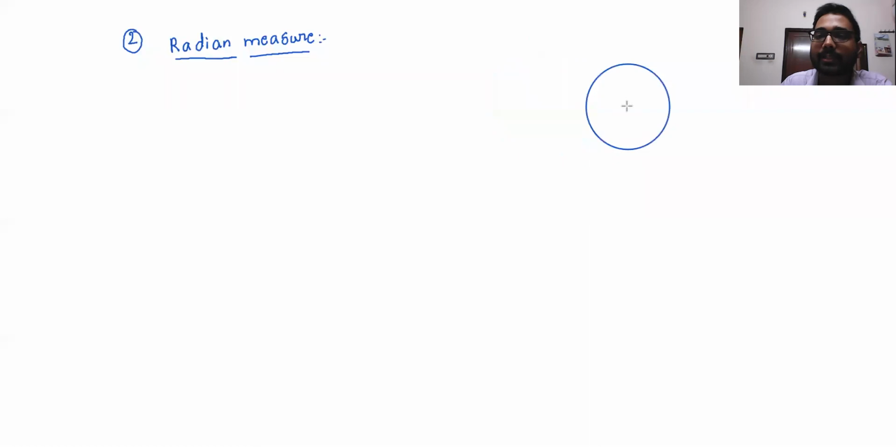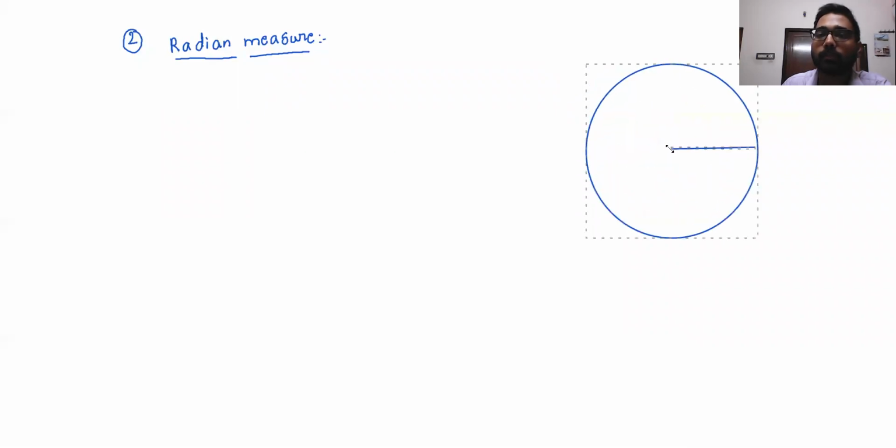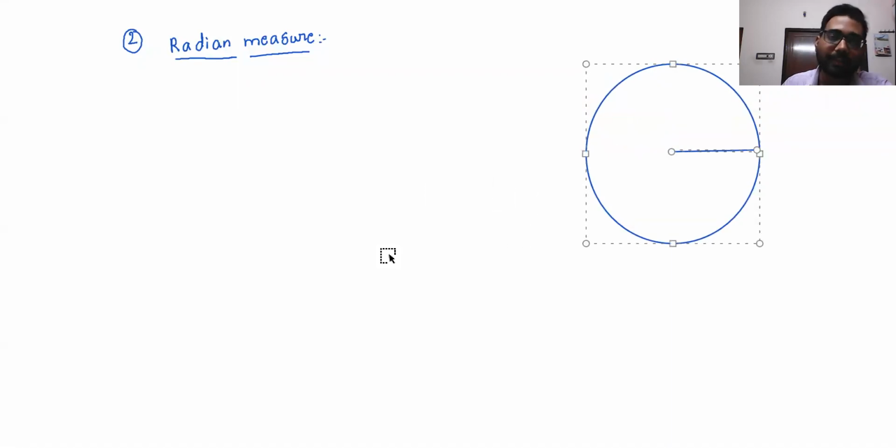Let's say the radius of this circle is r. Okay, let me write that. So the radius is r. Now you take a sector.